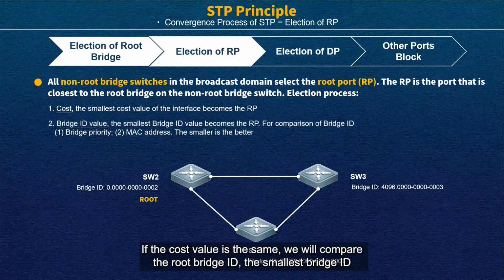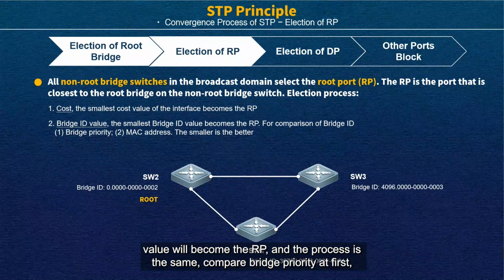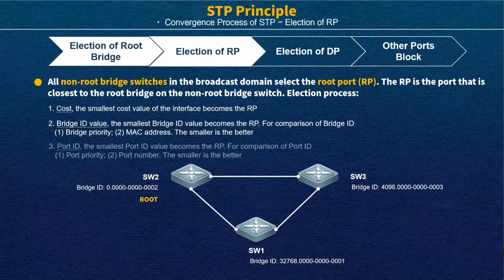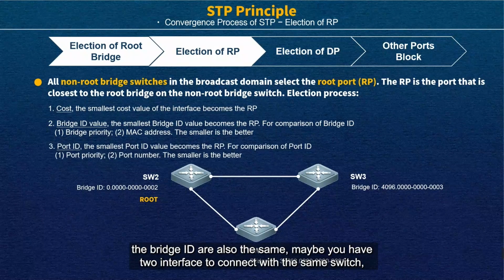If the cost value is the same, we will compare the root bridge ID. The smallest bridge ID value will become the RP, and the process is the same. Compare bridge priority at first. If priority is the same, we will compare the MAC address. The smallest is better. If the bridge ID also is the same, maybe you have two interfaces to connect with the same switch.